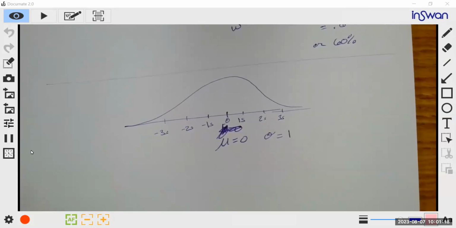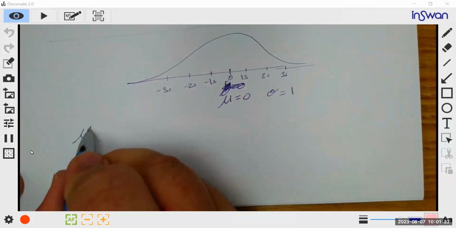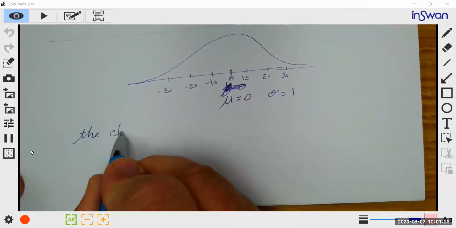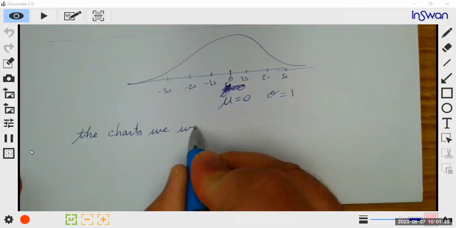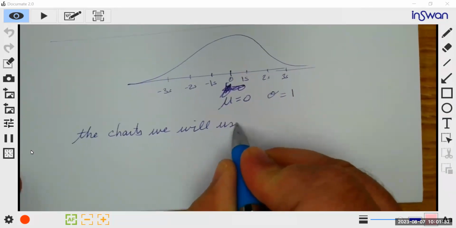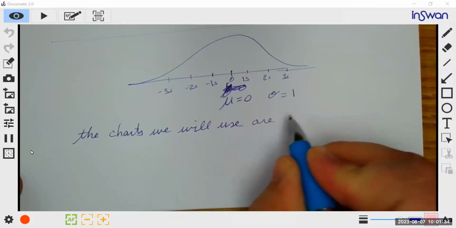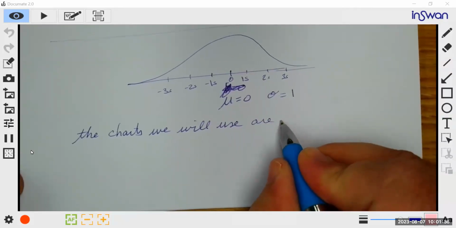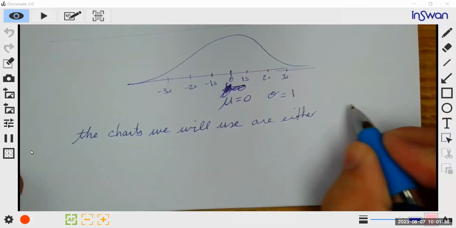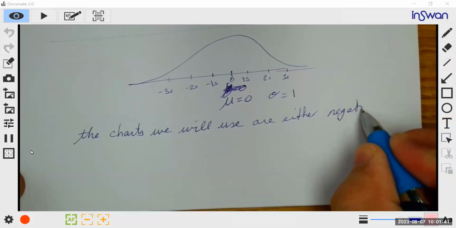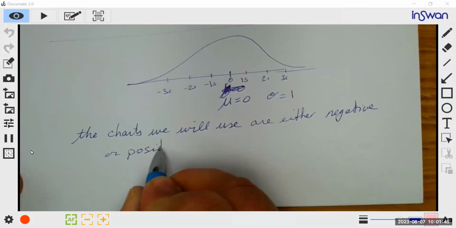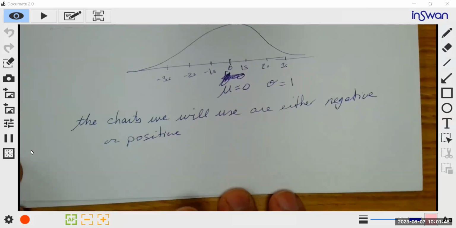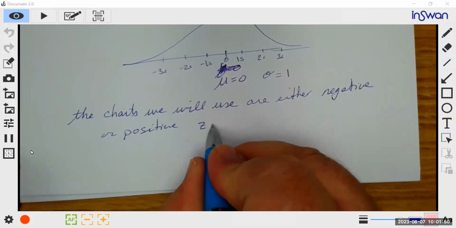The charts we're going to look at are either negative or positive z-scores.